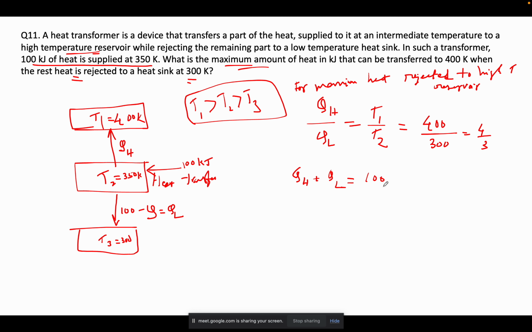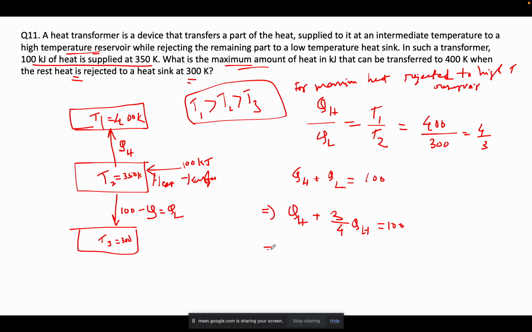What we need to calculate? We need to calculate QH, yes or no? So we will express QL in terms of QH. QH we kept as it is. From this equation we get QL is equal to 3 by 4 times QH.